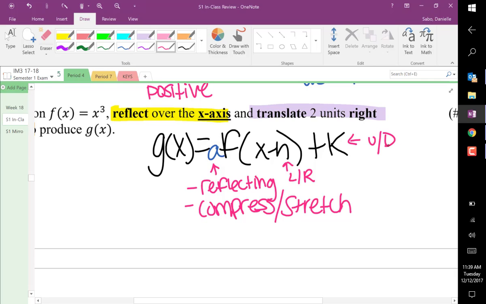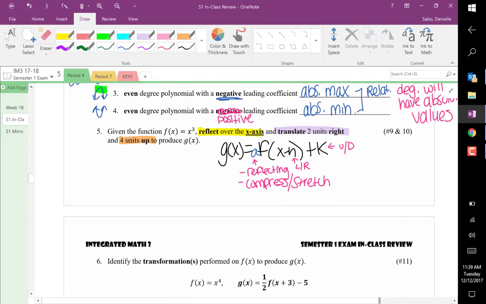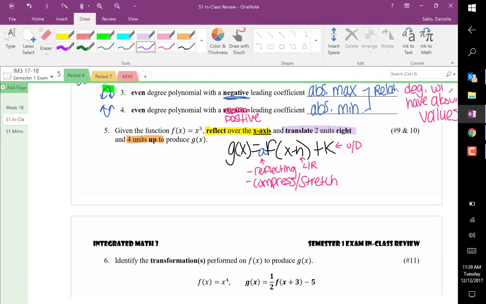So just to go over things, I feel like a lot of you knew that if you were to see it, but I wanted to write them out for you. If we're talking about reflecting over the x-axis, now let's actually do the problem. G of x equals, which letter, A, H, or K, am I going to put a negative for?